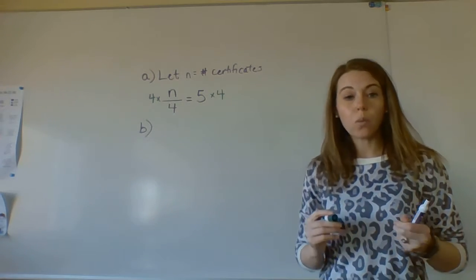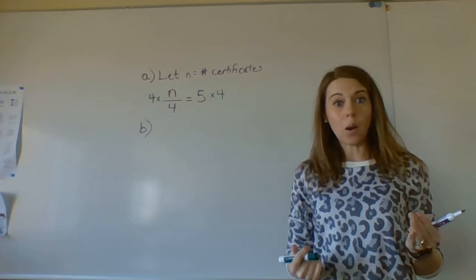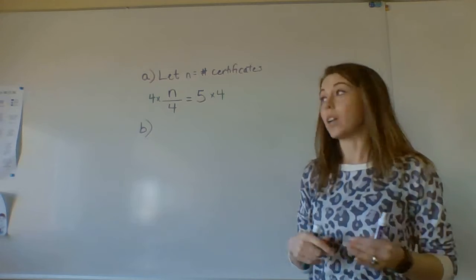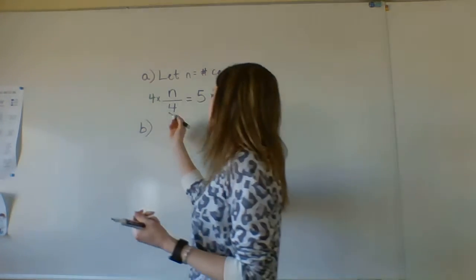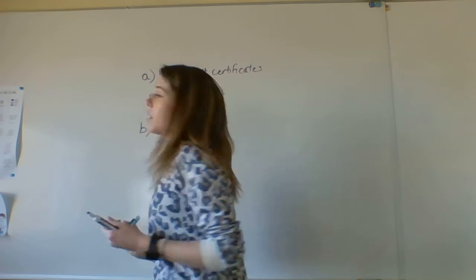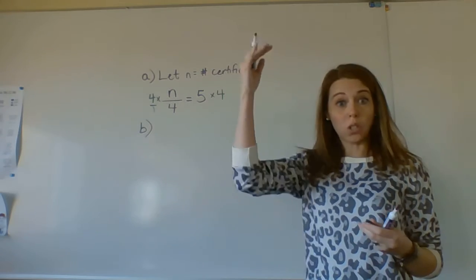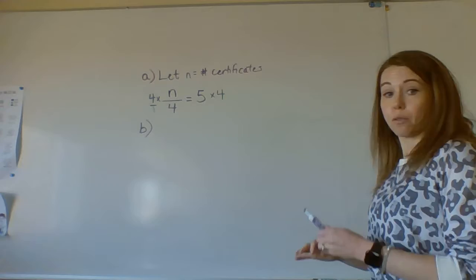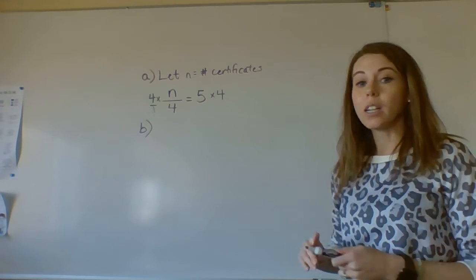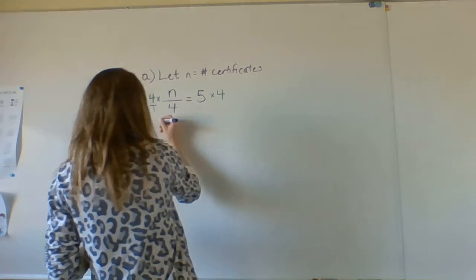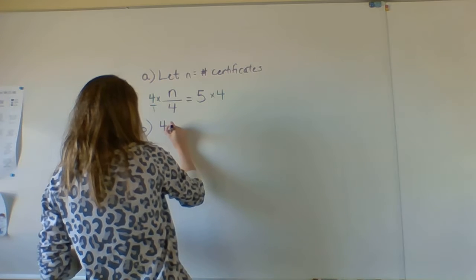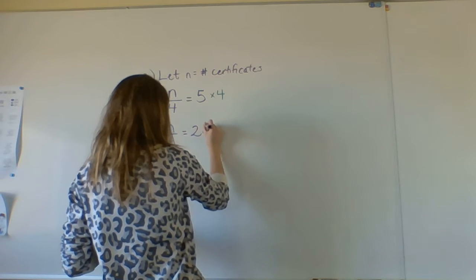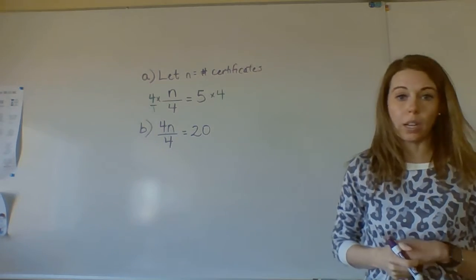Now, we saw when we were dividing that when I have 4 over 4, that simplifies to 1. So this is really the same thing. So I have 4 over 1, and that 4 kind of goes onto the top. So if I were to do the fraction math going on here, I would have 4n over 4 equals, and 5 times 4 is 20.